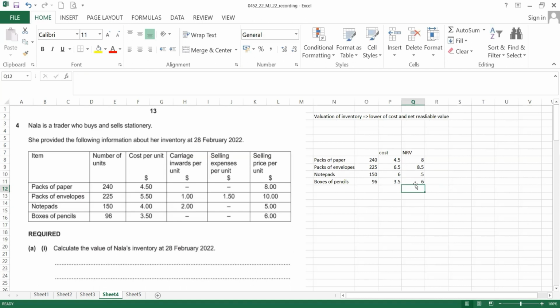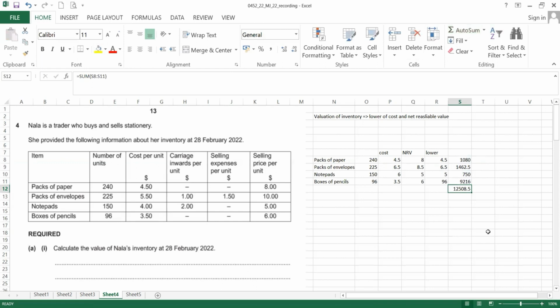Which one is the lower? We should choose this one lower, this one lower, this one lower. And then this one is lower. So the value will be quantity times the lower price. So this is the total amount we get.